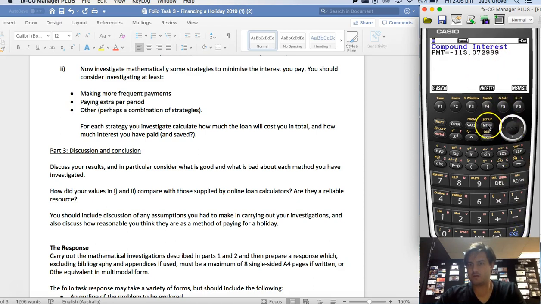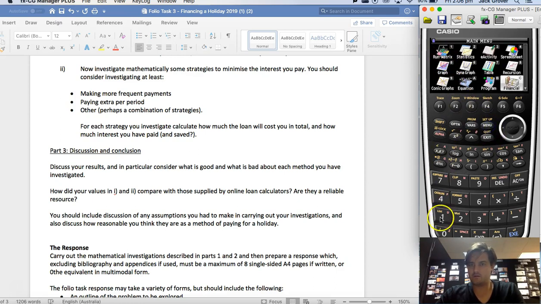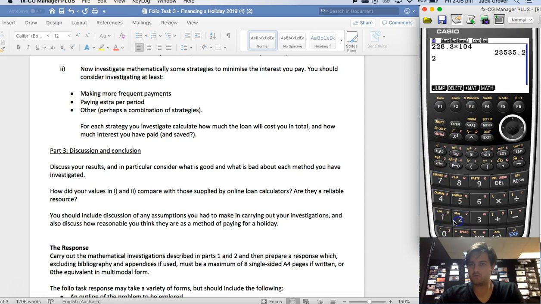$113.08, and I'll just go back. So 208 payment periods multiplied by $113.08. I just did it the long way. Oh, actually it was 113, wasn't it?